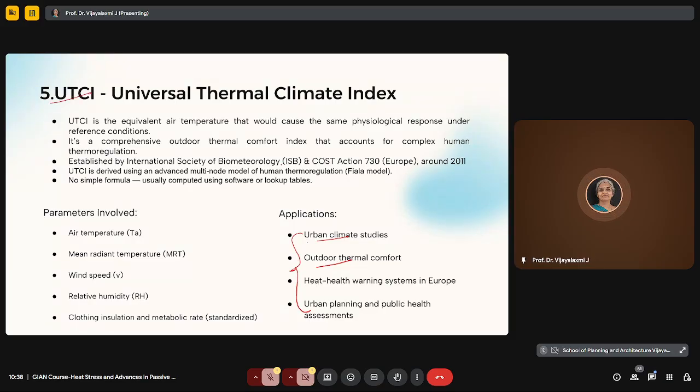UTCI is the equivalent air temperature that would cause the same physiological response under reference conditions. So it's a comprehensive outdoor thermal comfort index which uses air temperature, mean radiant temperature, wind speed, relative humidity, clothing standard and metabolic rate.